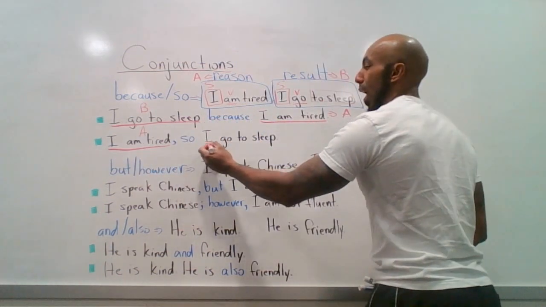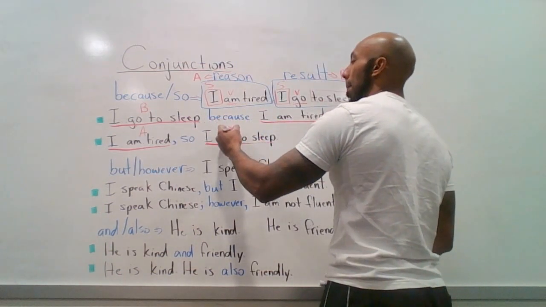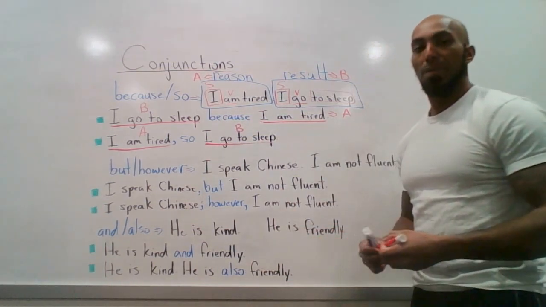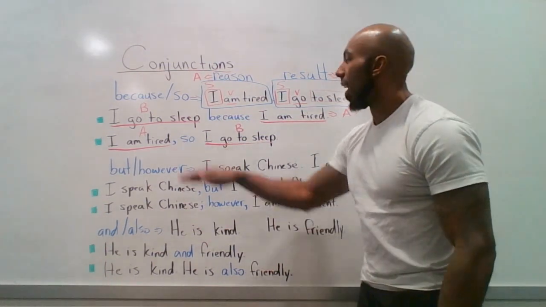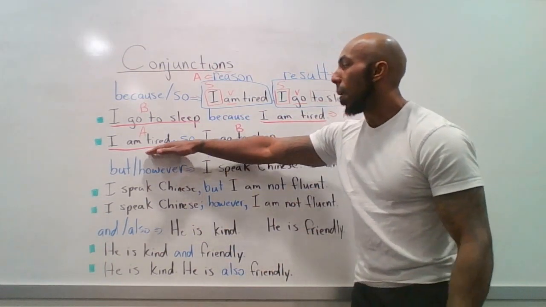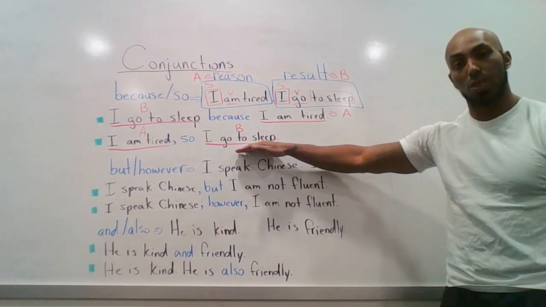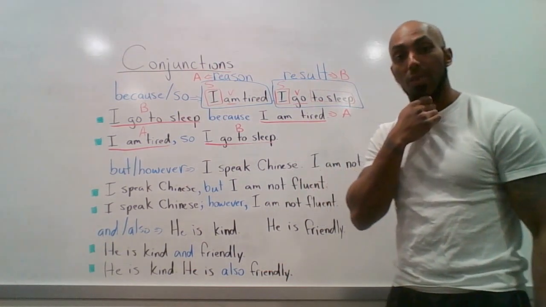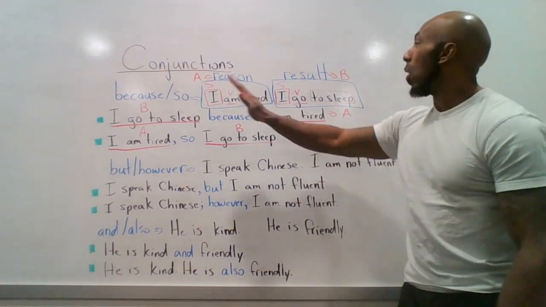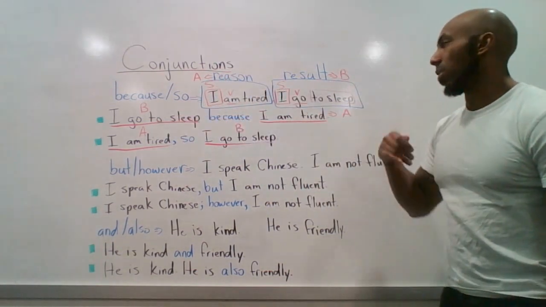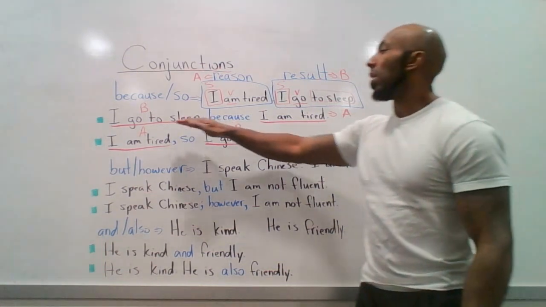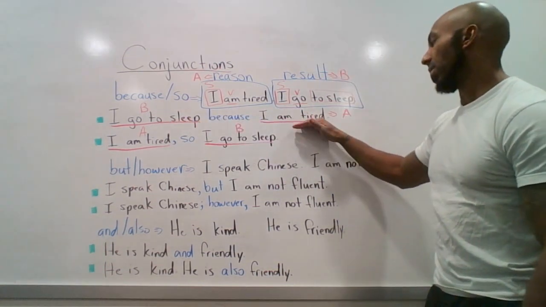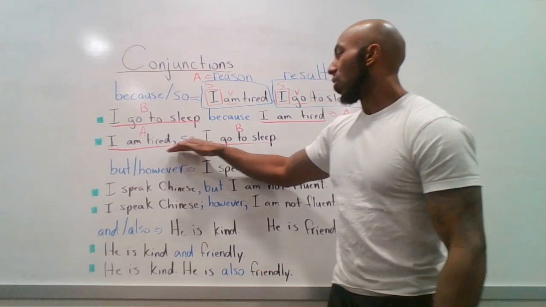And then we have, I go to sleep, B. So for so, we have the reason before the result, whereas because is the other way around. We have the result before the reason. So you can think of B because A, and A, so B.